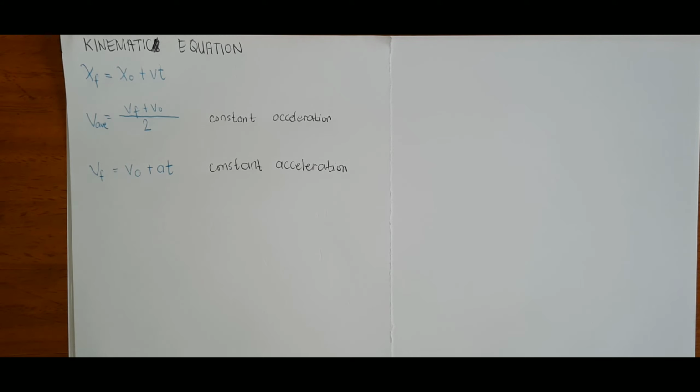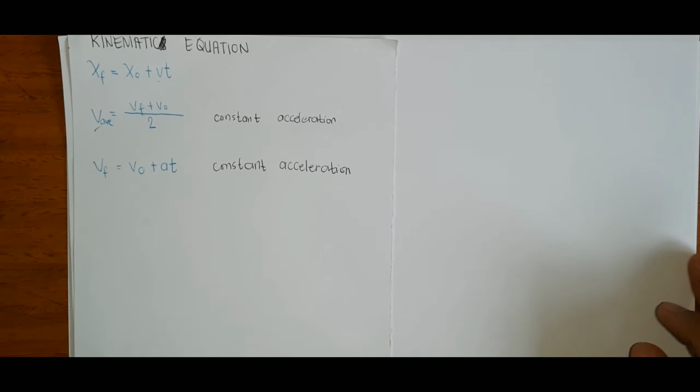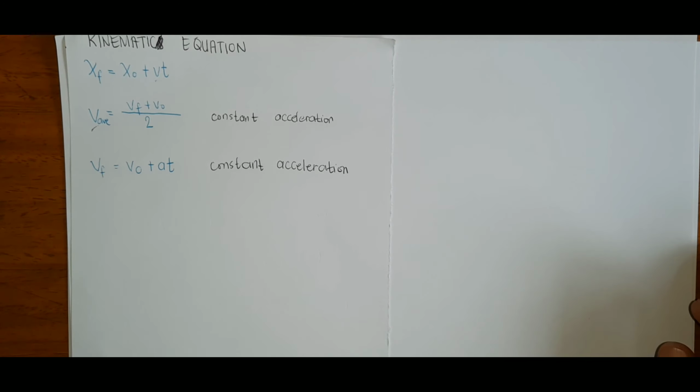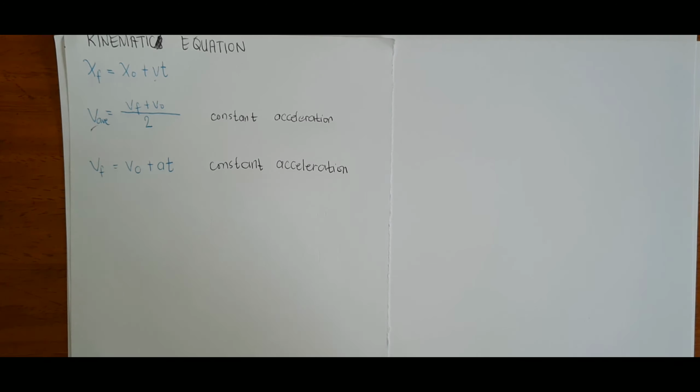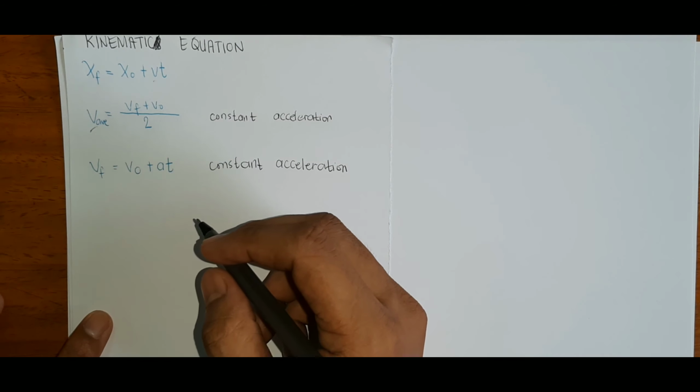Let's start with the first two equations. You have xf is equal to x sub o plus vt. This v is actually the same value as your average velocity. If you have a moving object, and you get the average velocity of that moving object, that would be the same as this one.